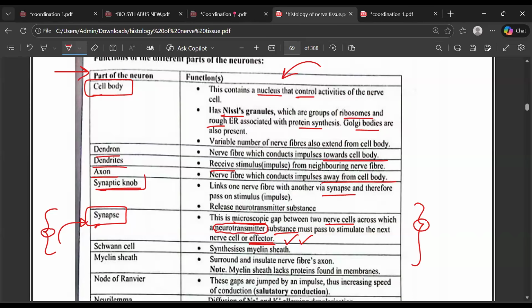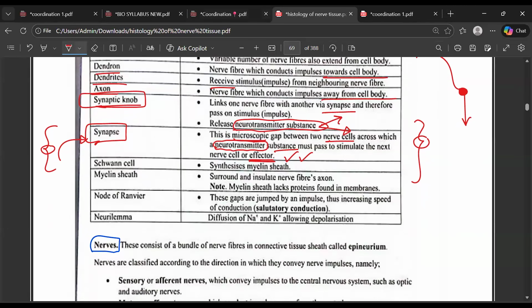So the synaptic knob, at least leave knowing that this knob you're seeing is what will release the neurotransmitter substance. And we shall see the different ones: the acetylcholine, the noradrenaline, or the norepinephrine. You get? Schwann cell, we agreed it's the one that produces the myelin sheath. The myelin sheath is there to surround and insulate our axon.